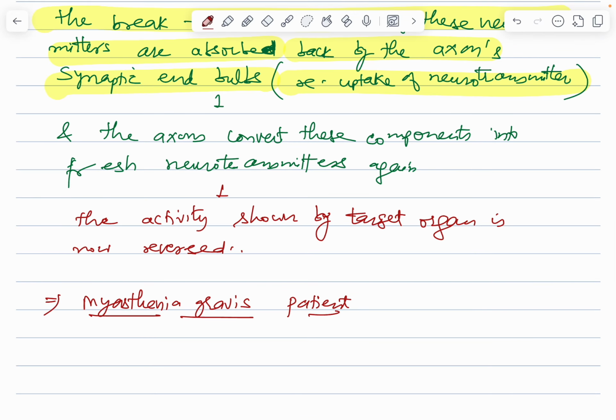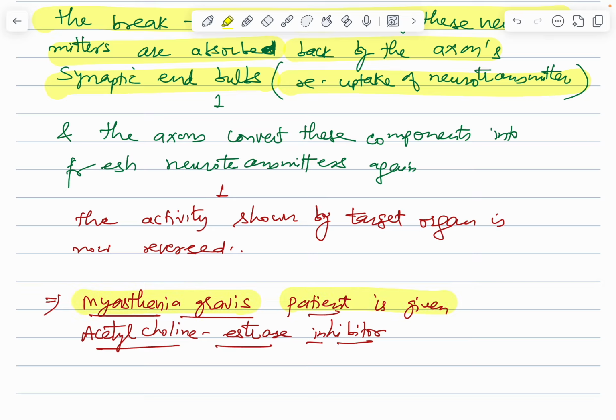If not, then you can always refer to my movement and locomotion notes to understand what myasthenia gravis is. A myasthenia gravis patient is given acetylcholinesterase inhibitor.